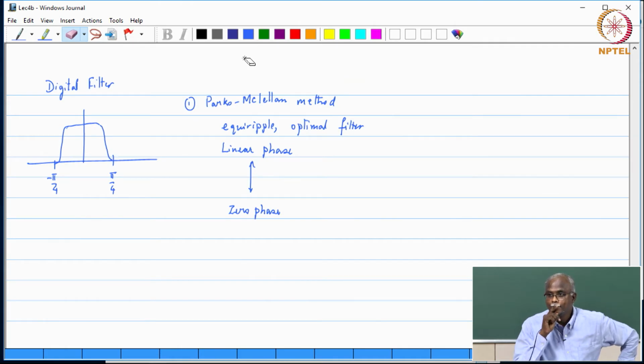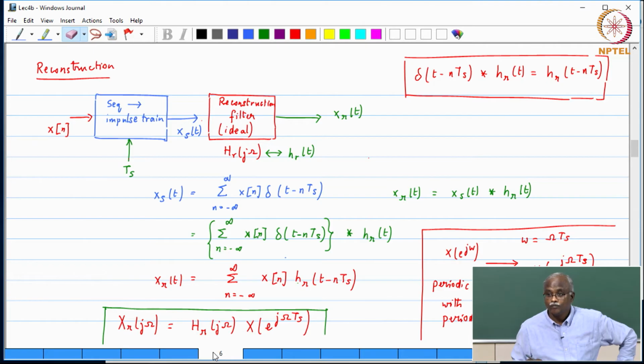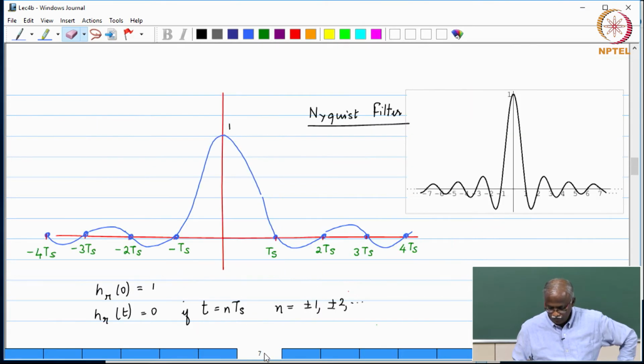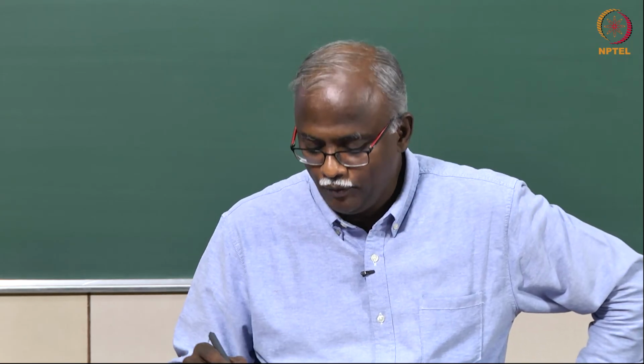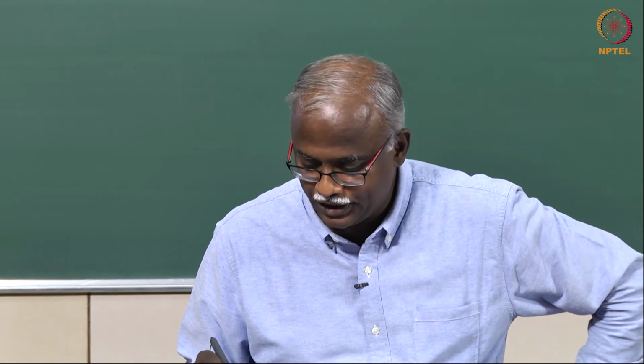Because of truncation, the reconstruction window filter will have side lobes coming in. Yes. So won't that give an aliasing effect? Okay, very good question. So, the question is when I do the truncation, right.